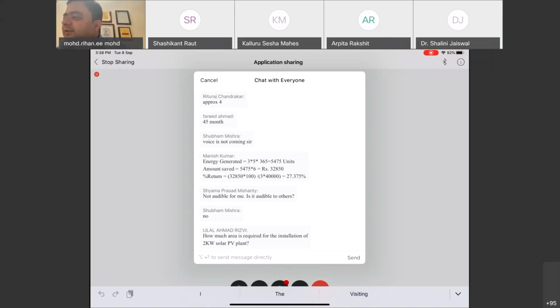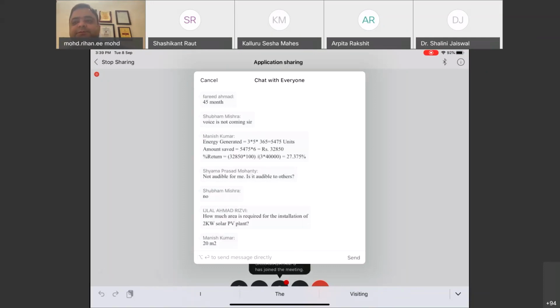I want to ask a question that, sir, let's say you are saying that we can export electricity if it is generated in excess in a solar PV cell. But sir, the electricity generation depends on the weather, right? So each day the same amount of electricity may not be generated, and the same amount of electricity wouldn't be exported to the grid every day.